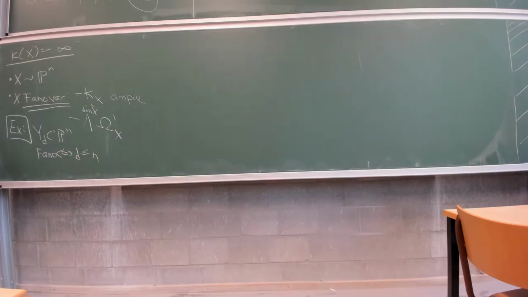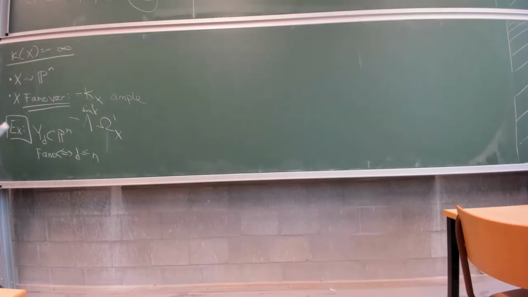Okay, and similarly, I can generalize this to complete intersections of hypersurfaces. I can take an intersection of k hypersurfaces, each of degree d sub i, and as long as the sum of those degrees is less than or equal to n, the resulting intersection is Fano. Okay, and so hence I land in this bucket.